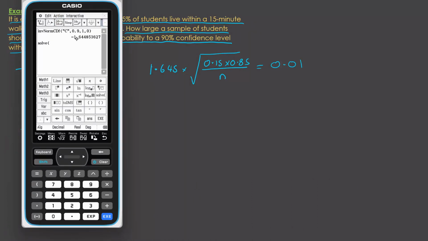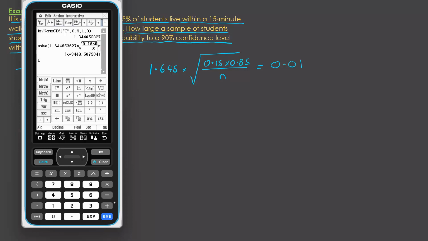And then we would have our z value multiplied by the square root of 0.15 times 0.85 over x. And let's put that equal, I didn't come out of the square root there, equal to 0.01.